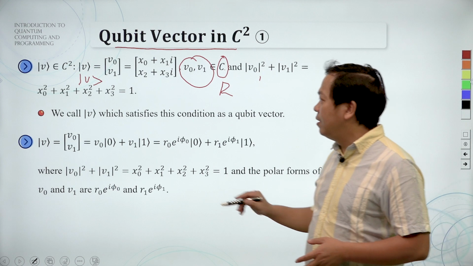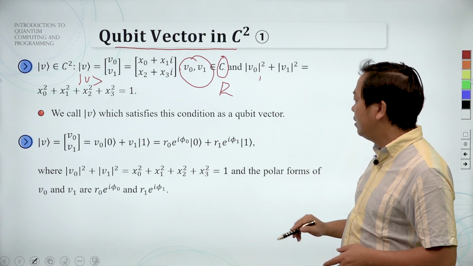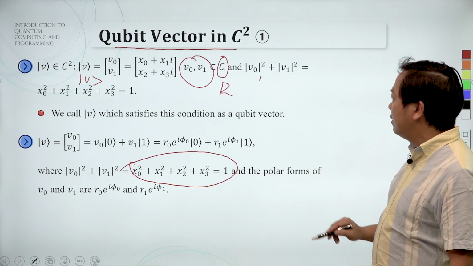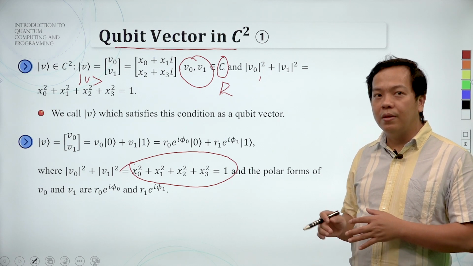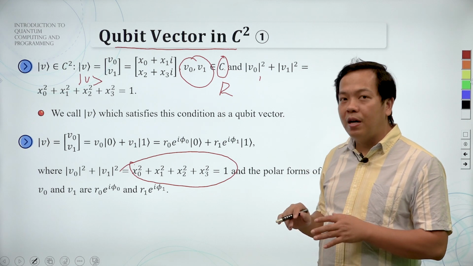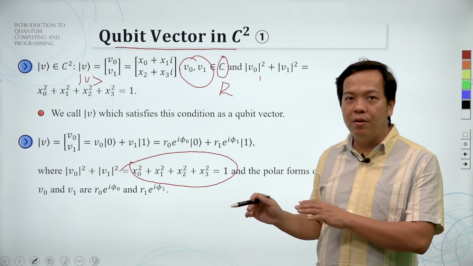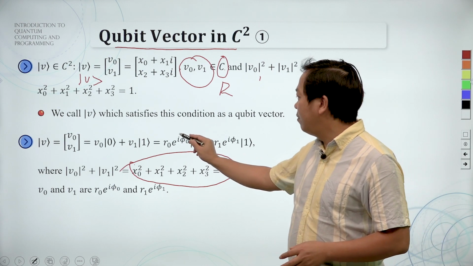If the vector v satisfies this condition, it is called a qubit vector. When the vector satisfies this condition, it can be considered a qubit vector, and we can use the Euler formula.